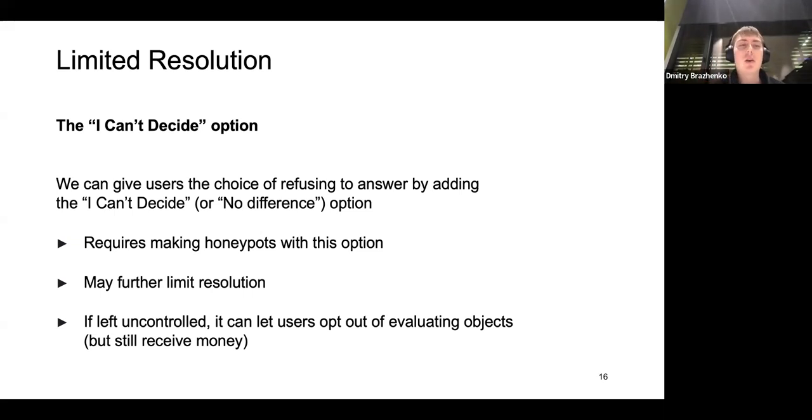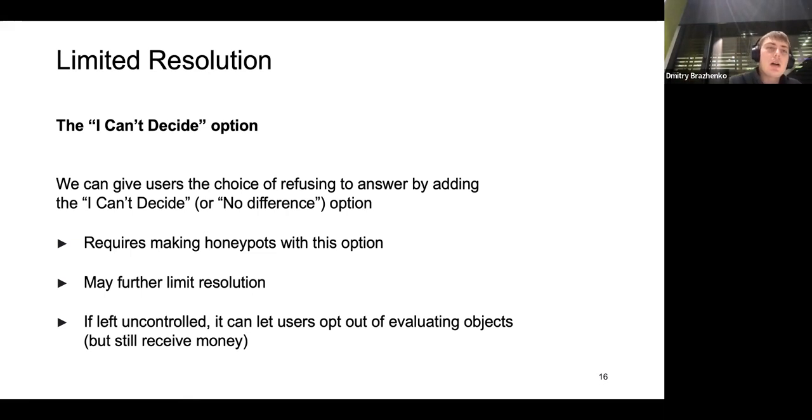If a person really doesn't know what is better, for example because he has no preferences or the objects are almost the same, he just taps "I cannot decide," and the quality of your data will increase, and you will not get rubbish data where users selected only one object because they had to. So yeah, it's one possible solution that can help you.